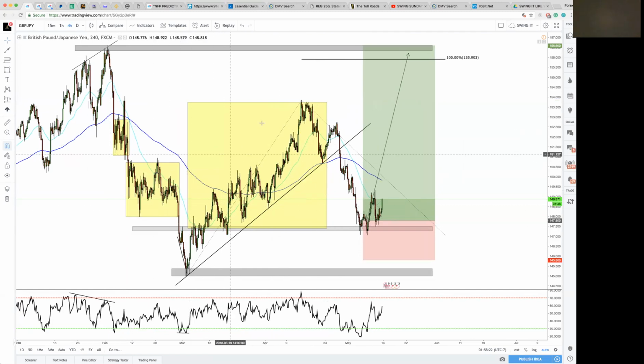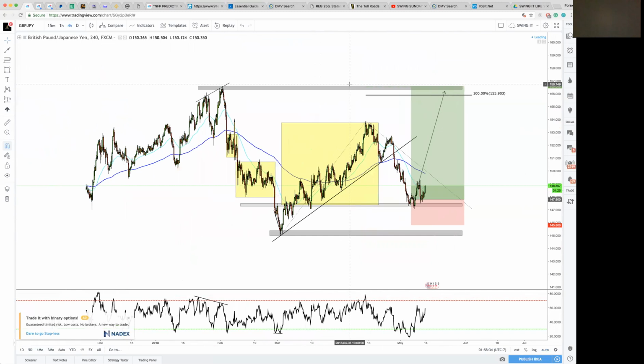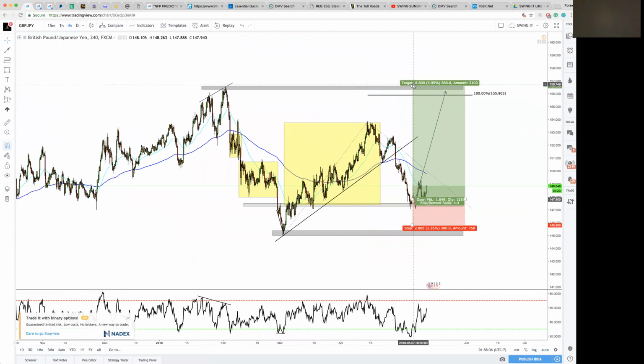And as you can see, the price continued to the support and didn't break the low yet. So that still validates our level 1 consolidation. So level 2 consolidation can be even more. So we will update our take profit accordingly. We'll see how that goes.